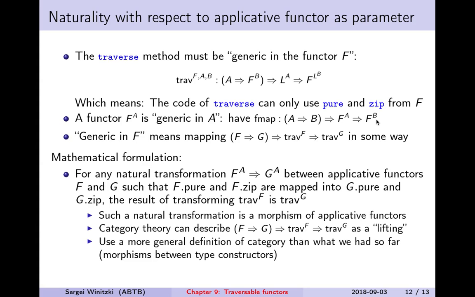So similarly, generic in the functor f means that if we map a functor f to some other functor g, then the traverse with respect to f will be mapped to the traverse with respect to g. So we need this mapping somehow.